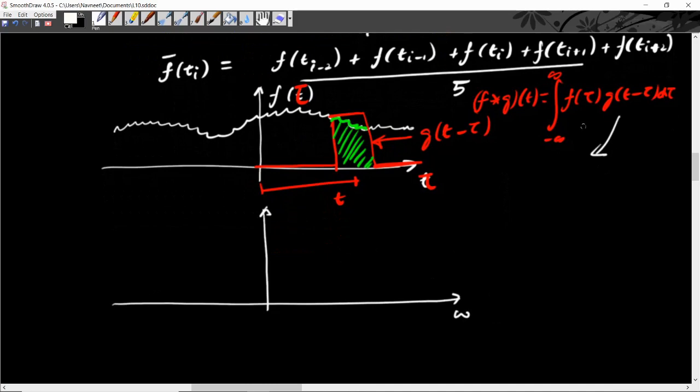So in the frequency domain, this convolution operation is the product of the Fourier transform of this function f and the Fourier transform of this rectangular pulse.